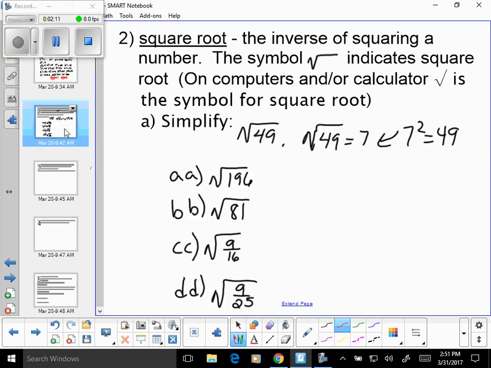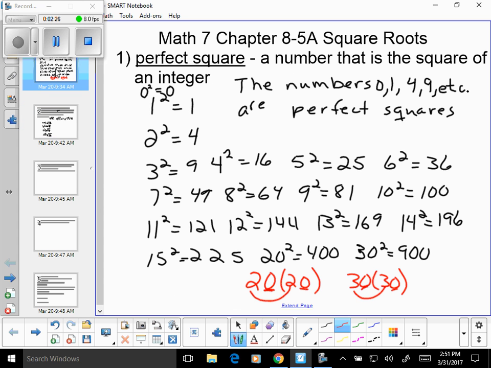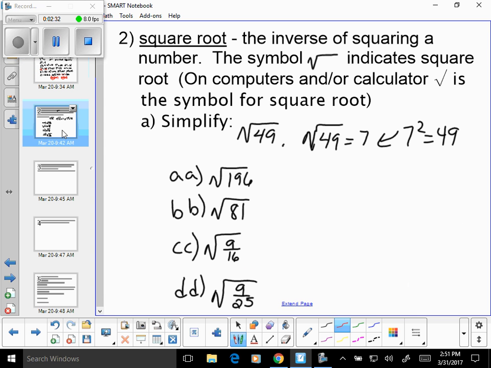If we are going to simplify the square root of 49, we're going to find that the square root of 49 equals 7. And we think backwards. What number times itself gives me 49? Now, if we go back to our perfect square list here, here's our 49. The number is 7 squared. So the square root of 49 is going to be 7.